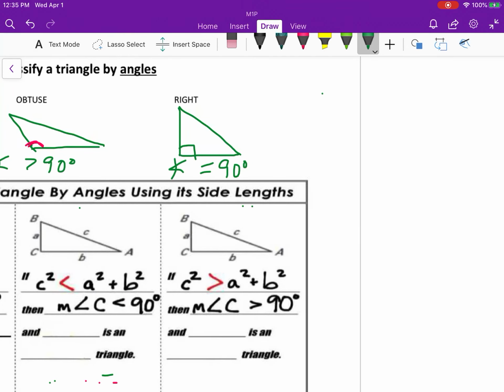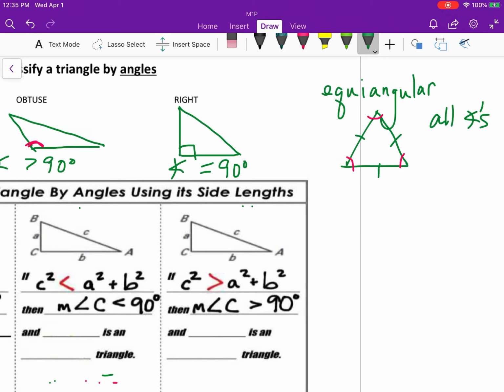The other one I mentioned is just kind of a side one, equiangular. Again, that's an equilateral triangle, and all three of these angles are 60, because 60, 60, and 60 added up makes 180.